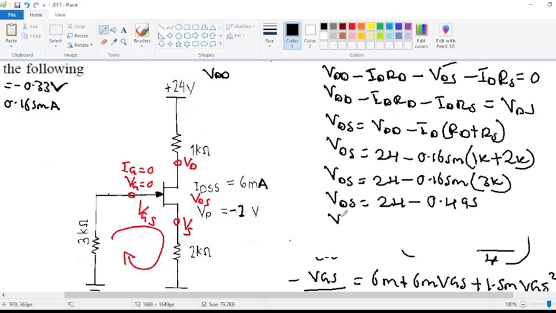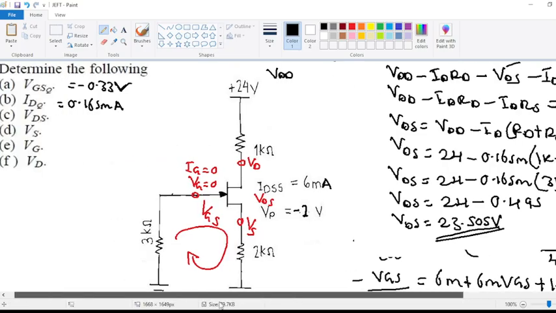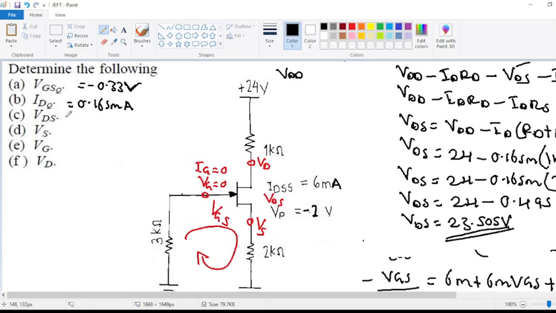So our VDS is equal to 24 minus 0.495, we're going to have 23.505 volts. This is the voltage for VDS. So VDS here is equal to 23.505 volts.